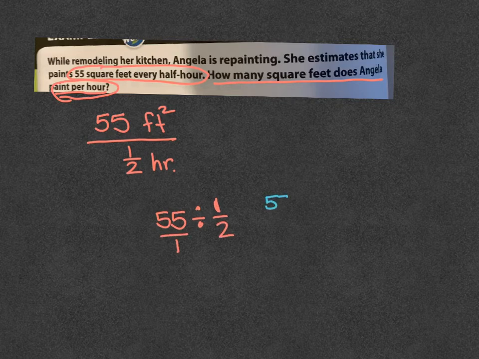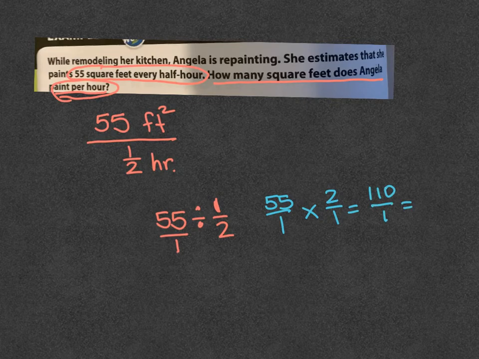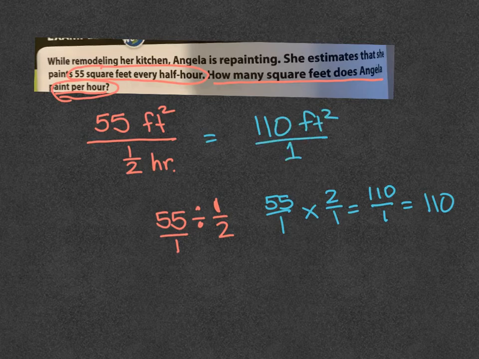Keep, change to multiply, flip the reciprocal. I'm going to get 110 over 1, which is 110. So I find out that she does 110, oops, that's not 110, Ms. Sanchez, 110 feet square per 1 hour. And that's it.